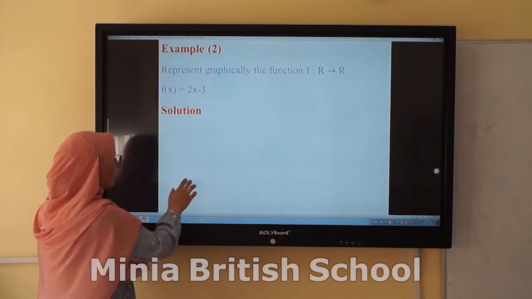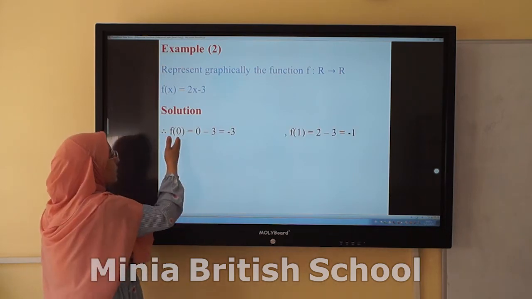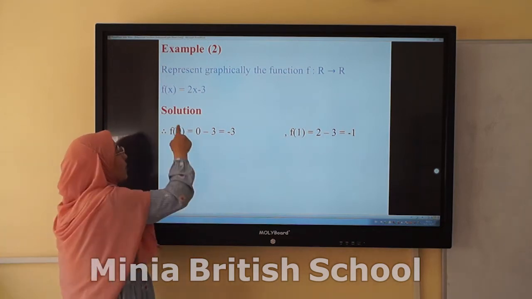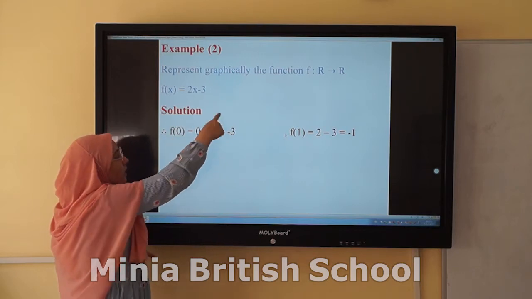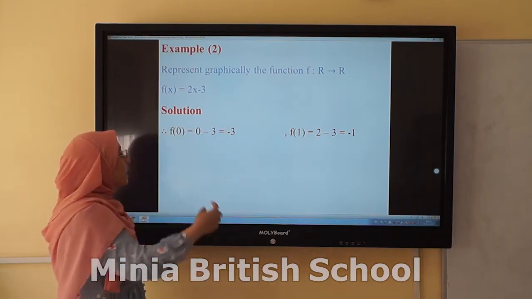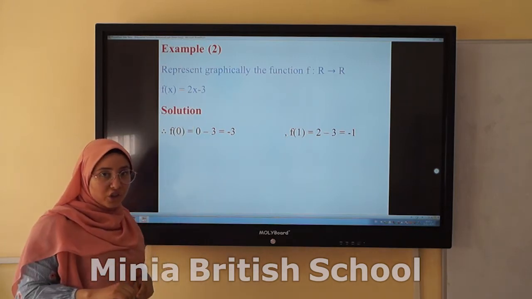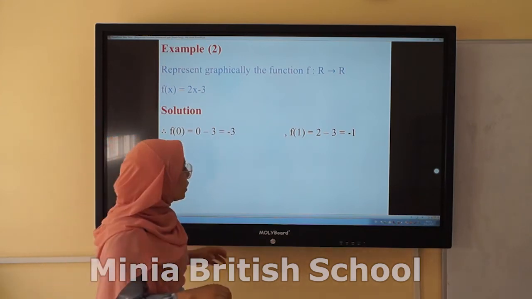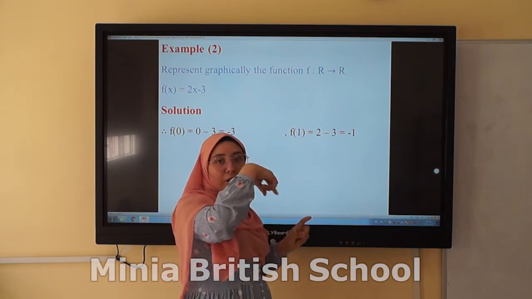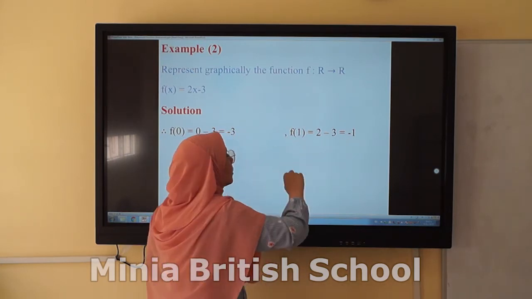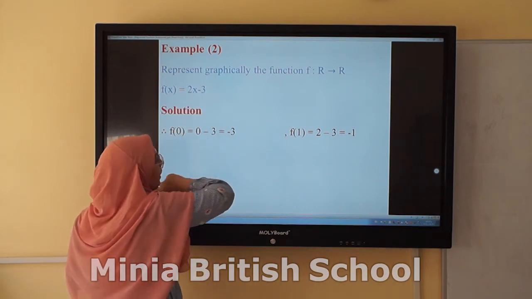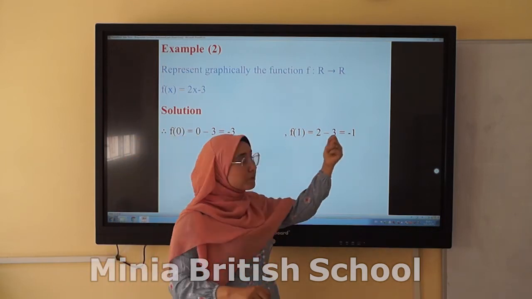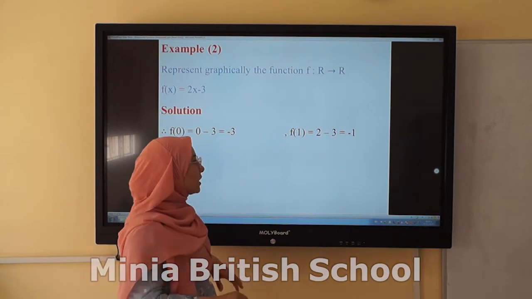Like the first one, when x equals 0, just substitute 0 in this function, so y equals -3. Also, when x equals 1, y equals -1, because 2 times 1 equals 2, minus 3 equals -1.